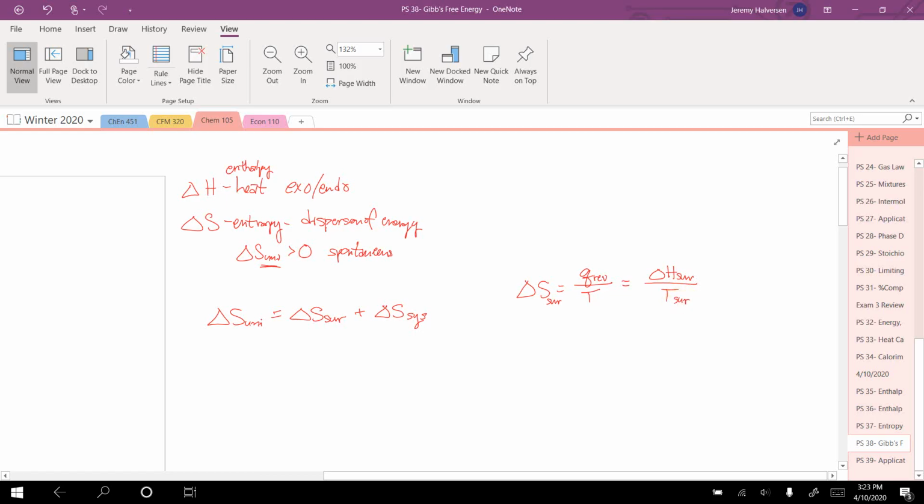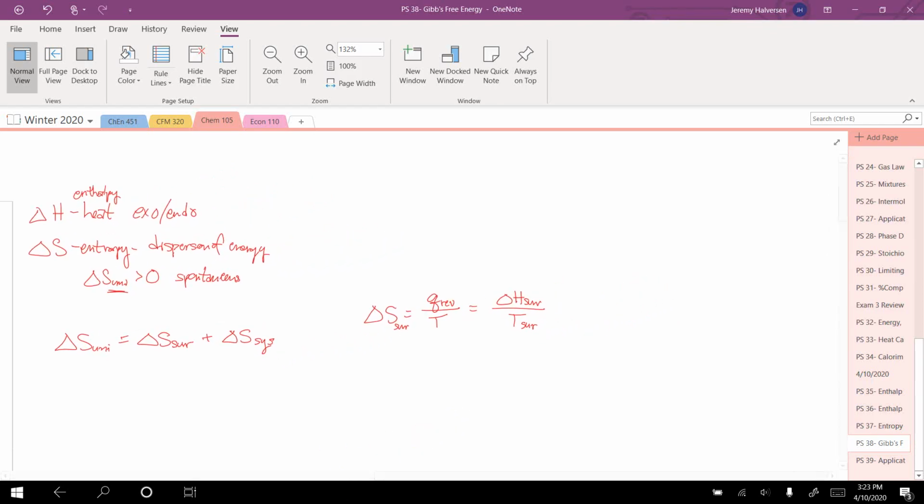Okay, but again, we want things in terms of the system. If you remember, the first law of thermodynamics says that the change in energy of the universe has to equal 0. In other words, delta H of the surroundings and delta H of the system, remember, no subscript means system, have to be equal and opposite.